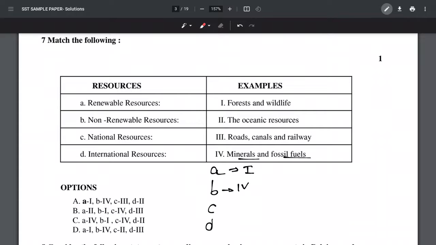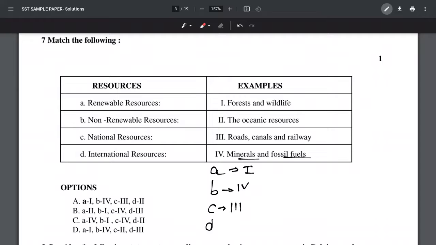Easy. It's directly from my first chapter, resources and development. National resources are controlled by the government in the nation and they can use them, isn't it? So that's obviously roads, canals, and railway. Every country has their own roads and canals. Now for taking something from India to outside India, like Gujarat or Maharashtra, you won't take some other country's roads, right?